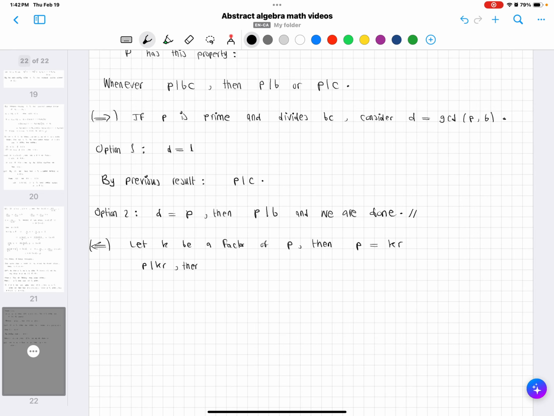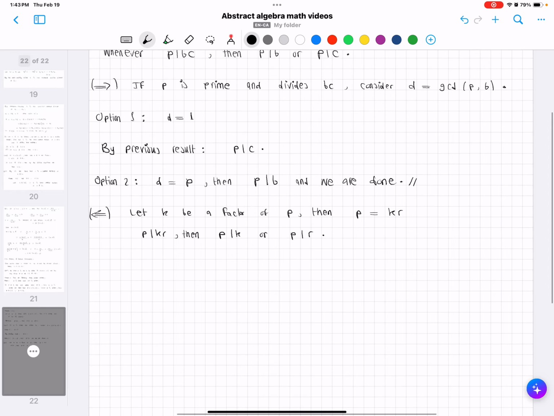What this tells you is that P divides K or P divides R, by the property that it satisfies. This is by assumption.